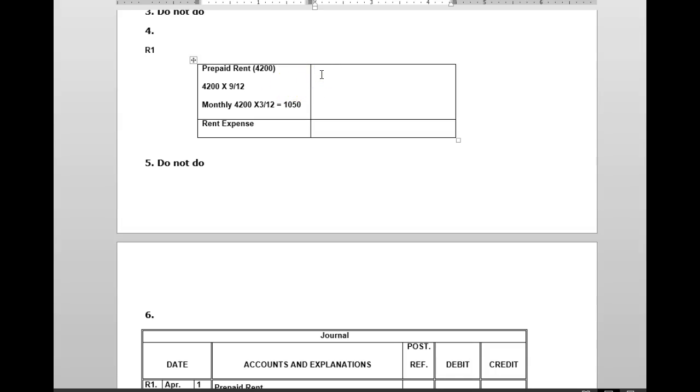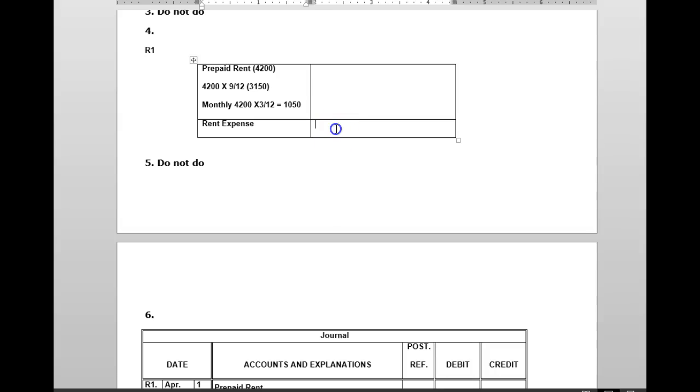We've actually paid out how much money here? Do the multiplication, and how much money have you paid out for that? You've actually paid out $3,150.